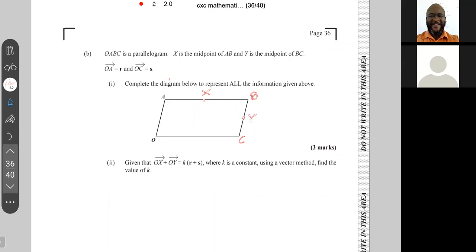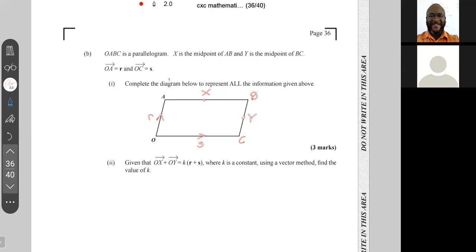The vector OA is the vector R, and OC is the vector S. So remember, a vector can be represented as a common letter, or a vector can be represented as a column vector.